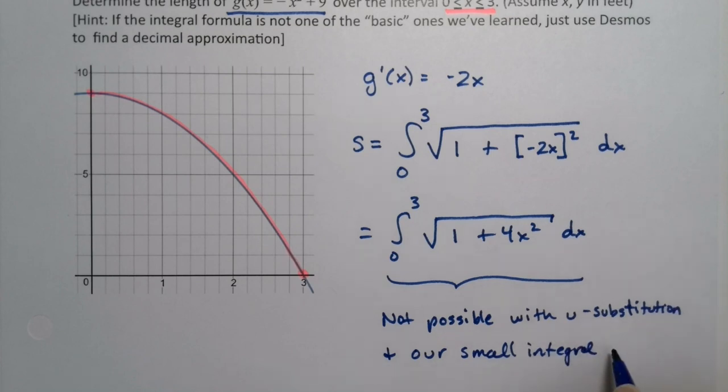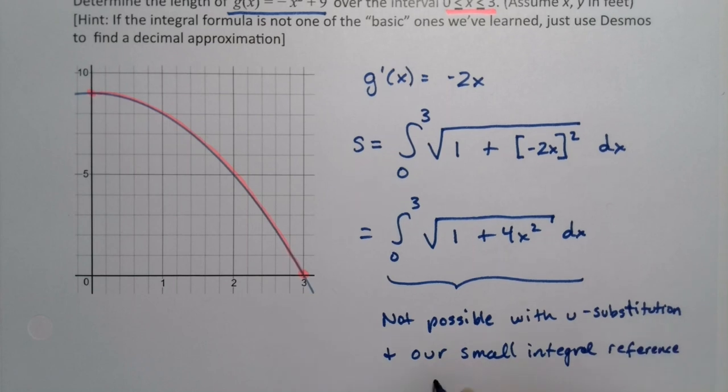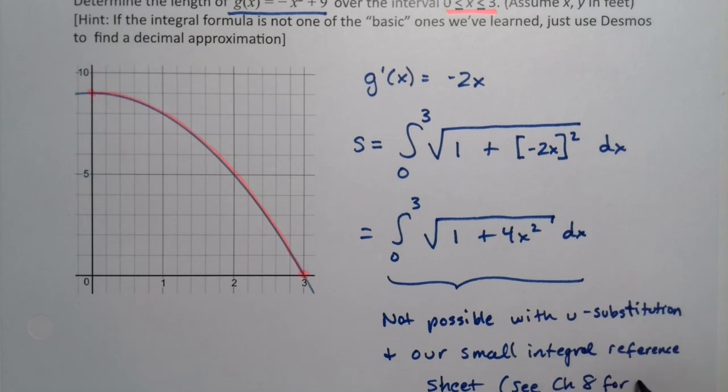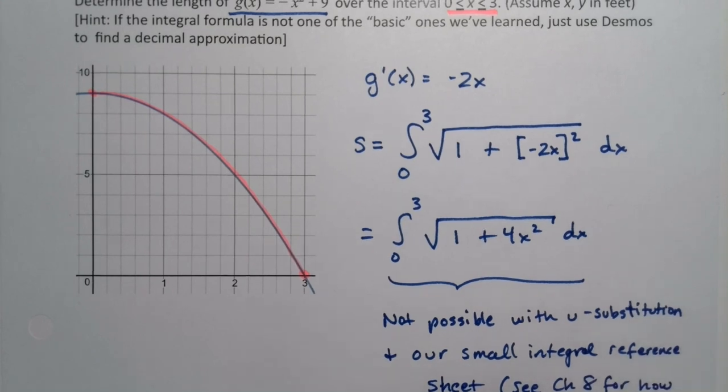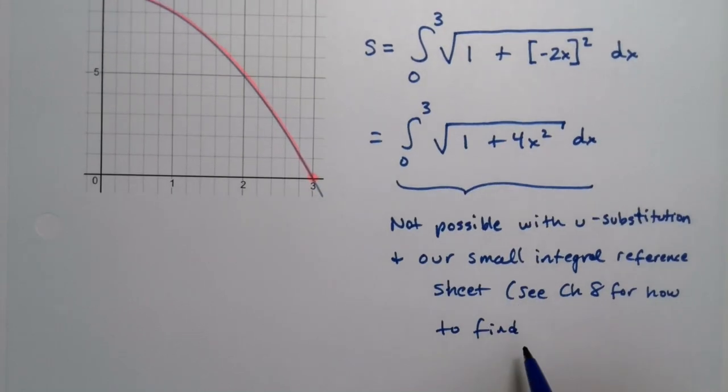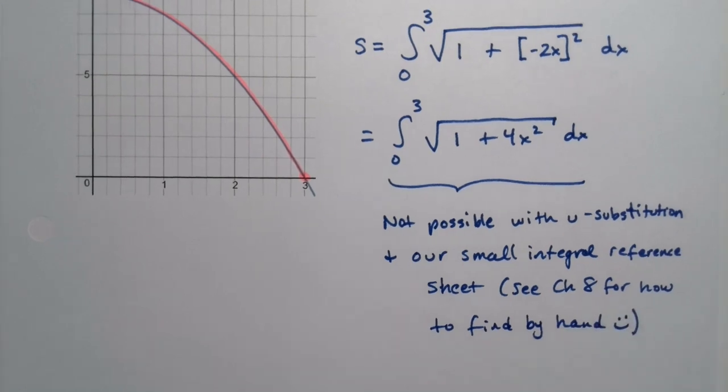There will be other ways we can do this in chapter 8. That's going to be a fun chapter. All right, so that means that we're just going to use Desmos.